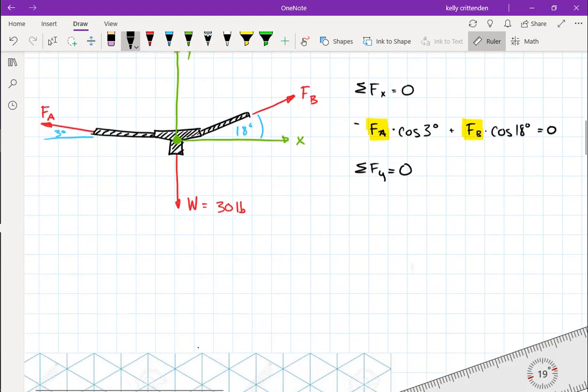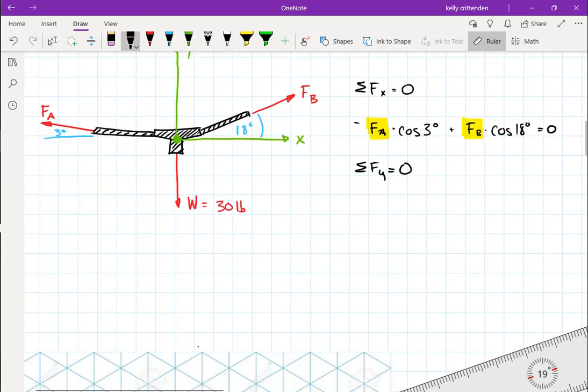Summation of forces in Y says that FA times the sine of 3 degrees plus FB times the sine of 18 degrees equals, on the other side of the equal sign, the 30 pounds that balances the weight of the traffic light.